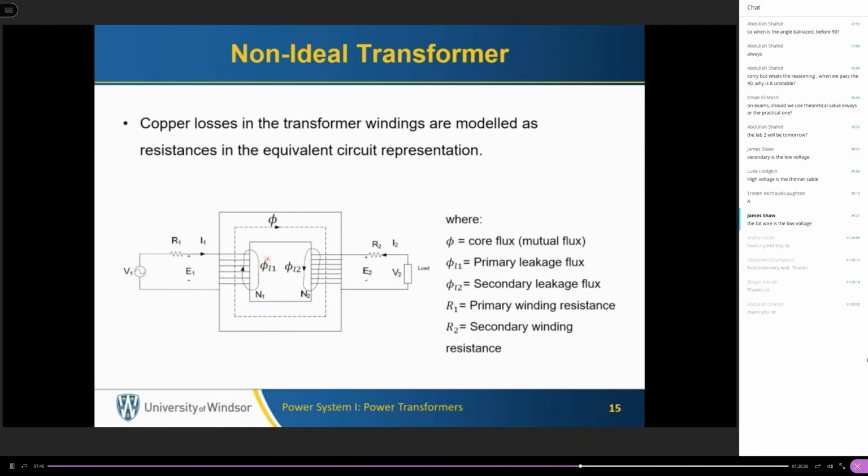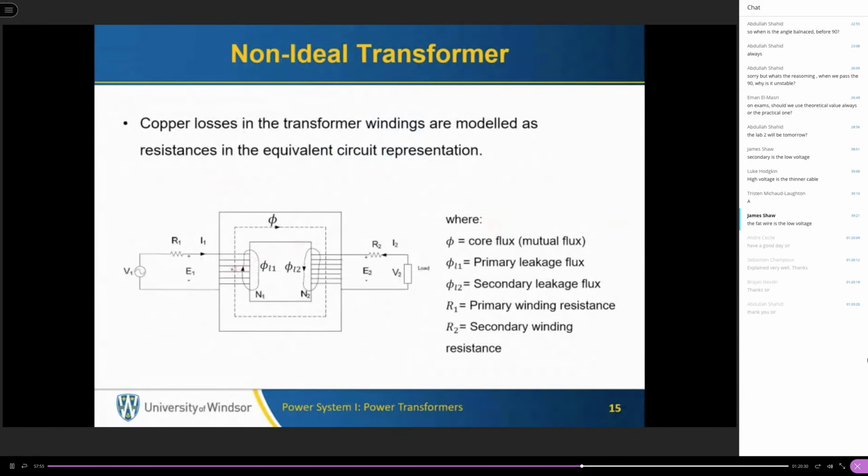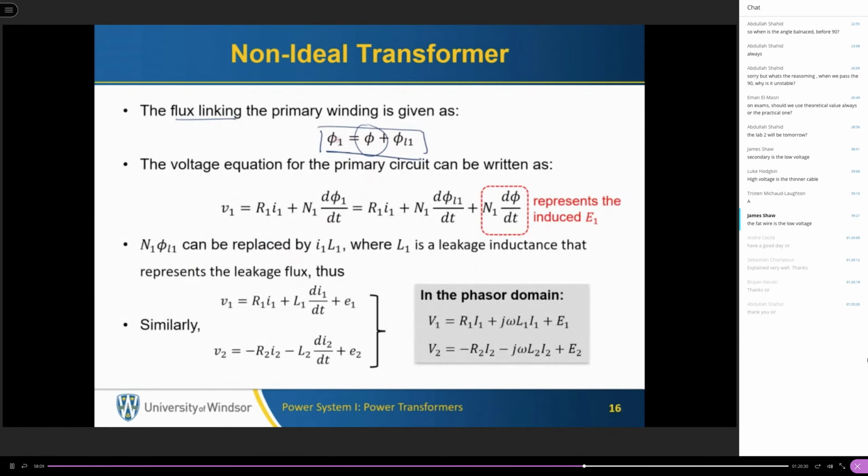Okay, so here we know that the flux linking the primary winding is given by this equation. Look, the flux generated by the primary has two components: the flux that flows entirely in the core, which was the previous case for ideal transformers, and there's a leakage flux. So we can write it as the summation of two components.